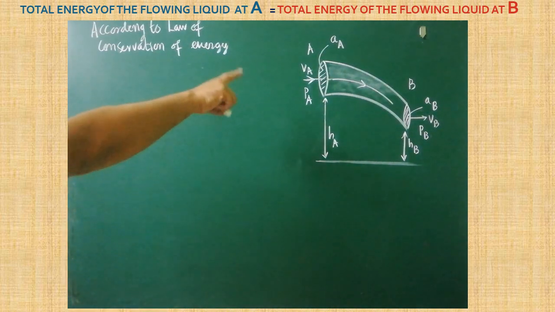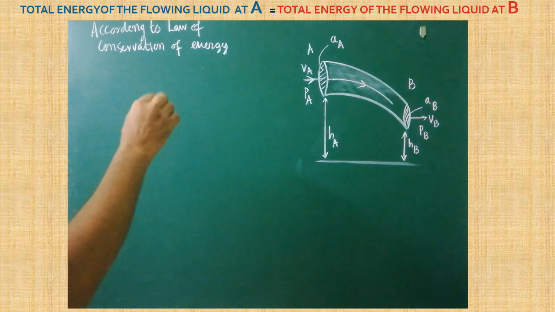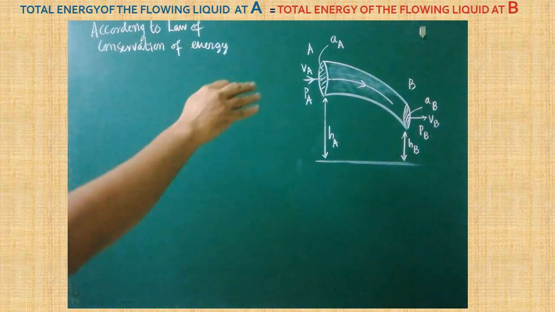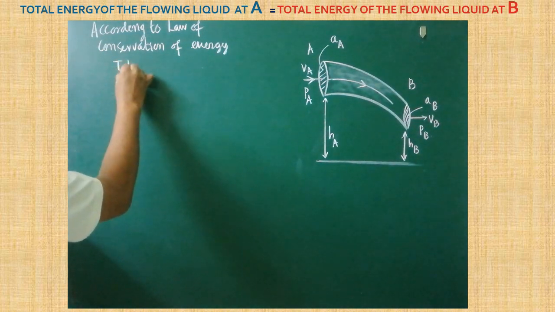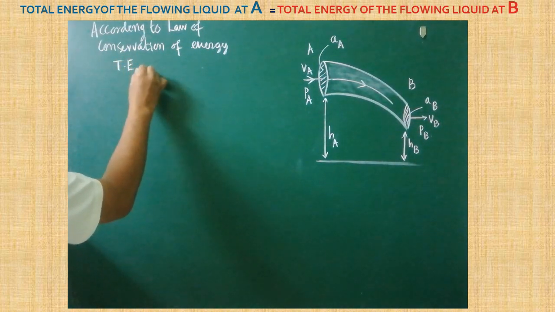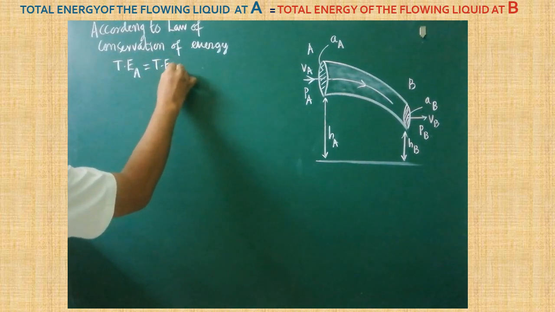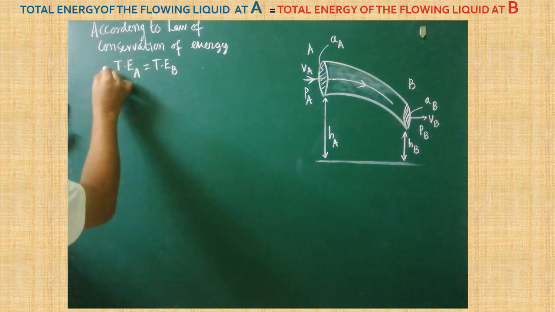The energy at A should be equal to the energy at B. That is, total energy of the liquid at A must be equal to total energy of the liquid at B. So simply we can write it as total energy at A equals total energy at B. But total energy is the sum of three things. What are they? Pressure energy, kinetic energy and potential energy. So how to write the total energy at A?